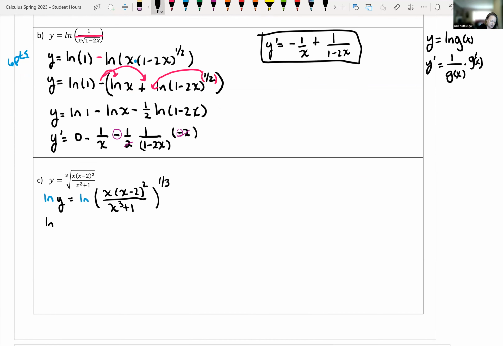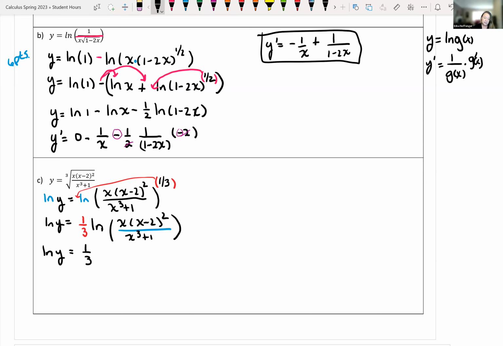So bringing down the natural log of y, this is equal to, well, rules of logs says that we can bring our exponent down front. And so this is going to give us 1/3 natural log. I notice I have a quotient here, x all times x minus 2 quantity squared, and this is all over x cubed plus 1. So again, rules of logs, if we have a quotient, then we can rewrite that as a difference of 2 logs.